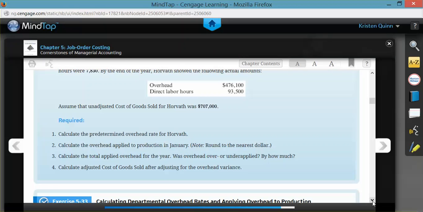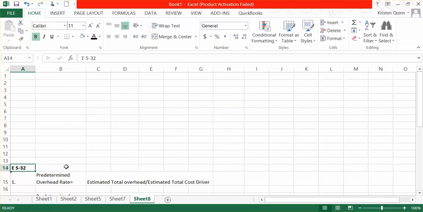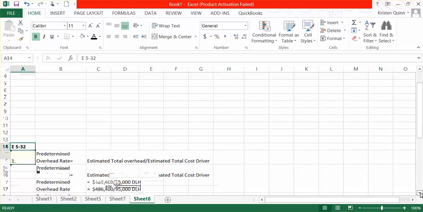So for part 1, we need to calculate that predetermined overhead rate, which again is our estimated total overhead divided by our estimated total cost driver. Don't forget that the cost is in our numerator, not our denominator. For our estimated amounts, they told us at the start of the year, the company estimated that they would have $486,400 in overhead, and that they were going to base that on direct labor hours.